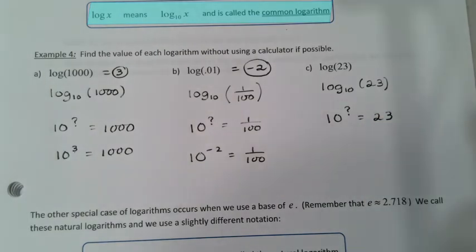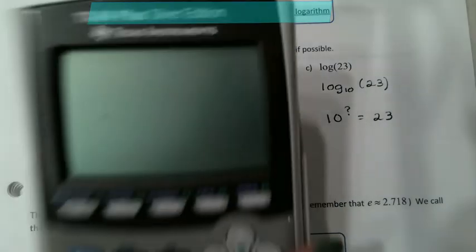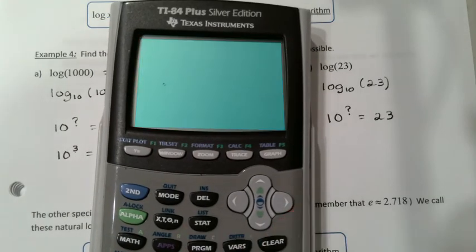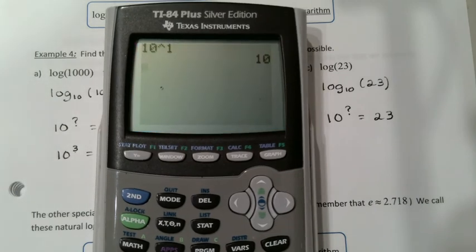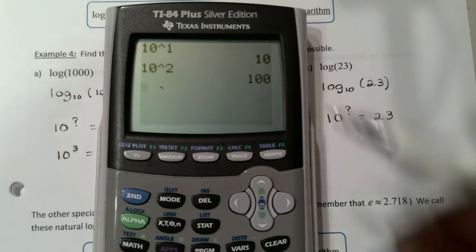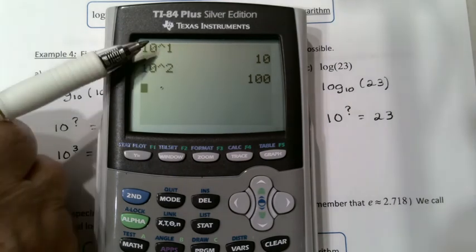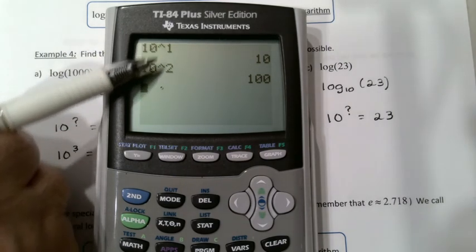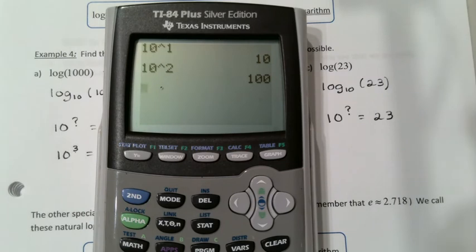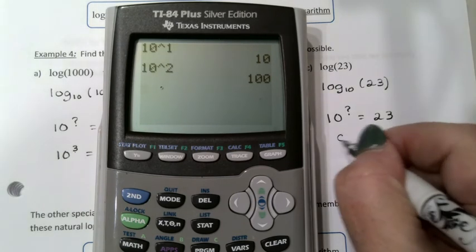For the first time, I don't think we're going to be able to figure this out by hand. I'm sure you already realize this, but of course if I took 10 to the first power, it would just be 10. And if I took 10 to the second power, it would be 100. And 23 is somewhere in between there. So it must be like a fractional or a decimal power, somewhere between 1 and 2. That's not something I can do by hand.